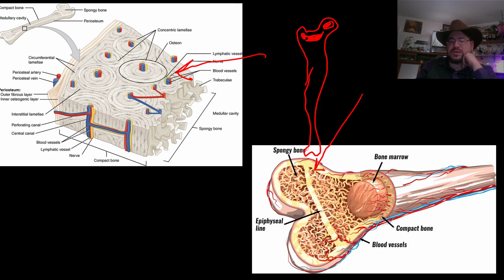So at either ends of long bones, you're going to have spongy. And then along the sides, where you're going to need to resist the vertical forces the most, is where you have your compact bone. So, compact bone lines the sides of a long bone, and then at the center we have a layer of spongy bone surrounding the bone marrow.